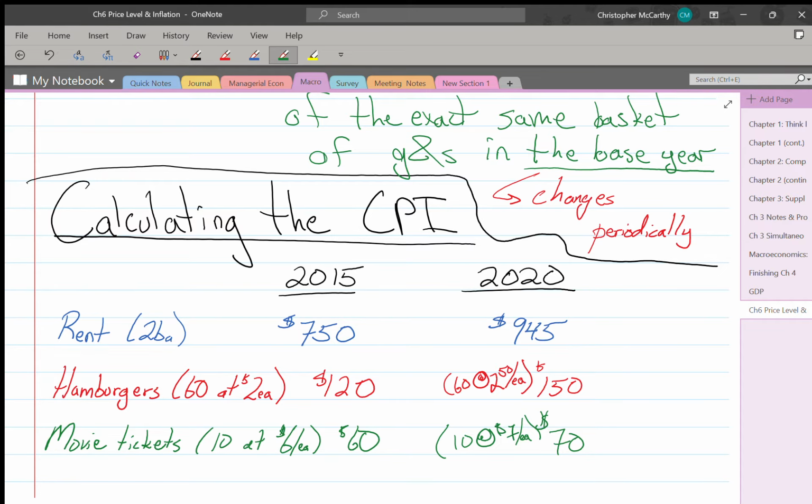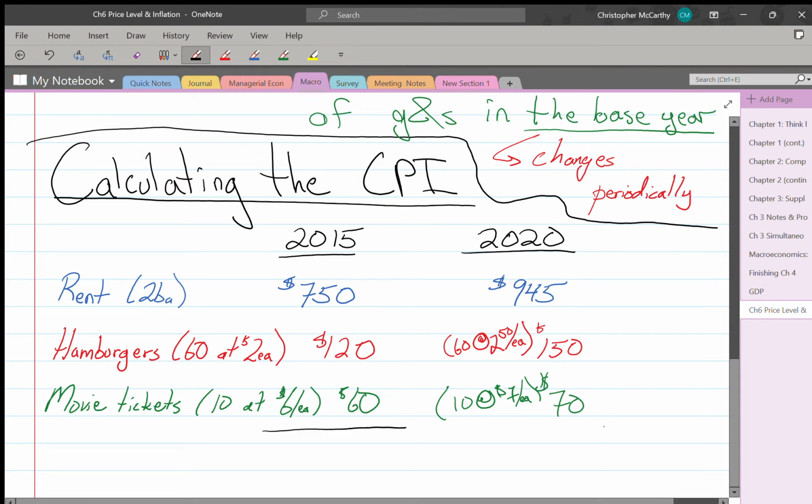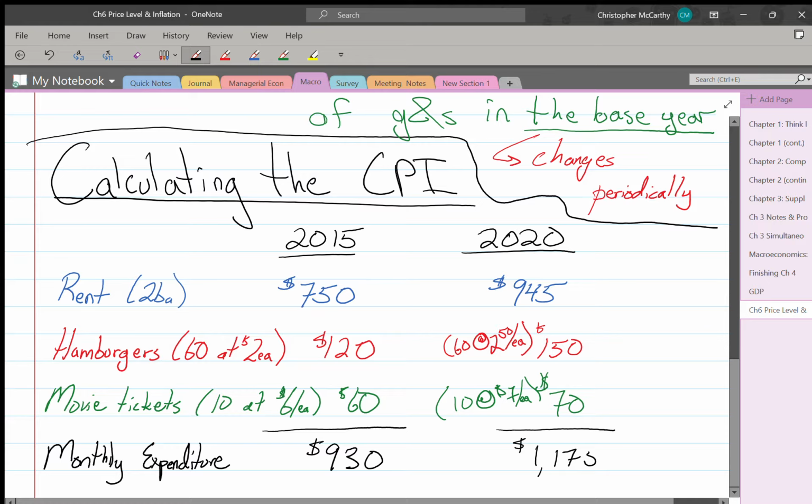And then at the end of this, we can add all of this up to figure out our monthly expenditure amount with the same goods and services, right? 750 plus 180 is going to be 930. 945 plus 220 gives us 1,165.